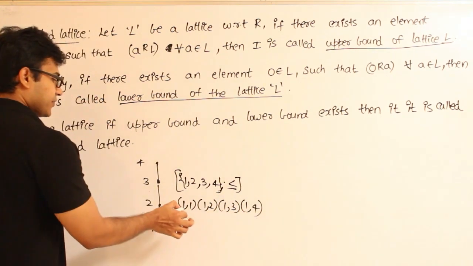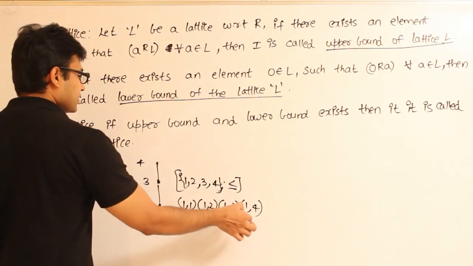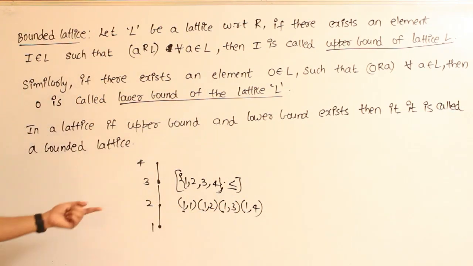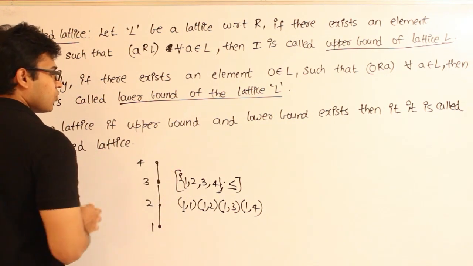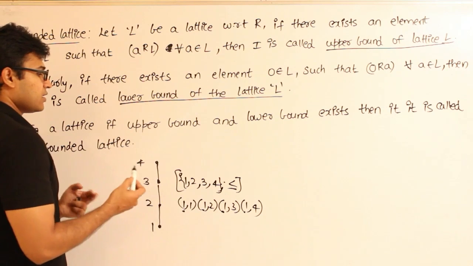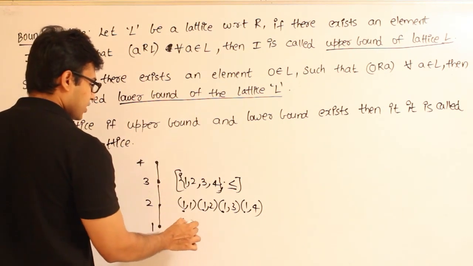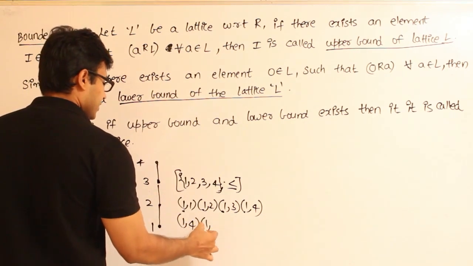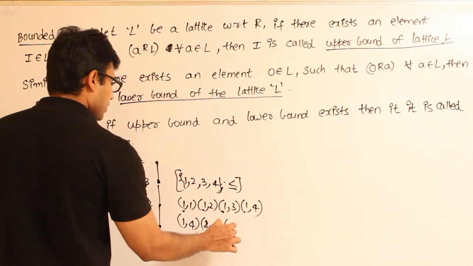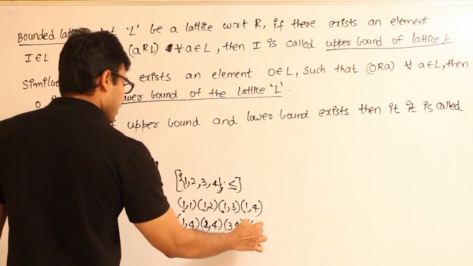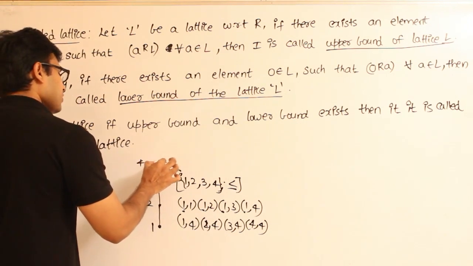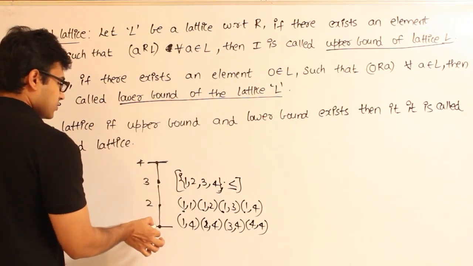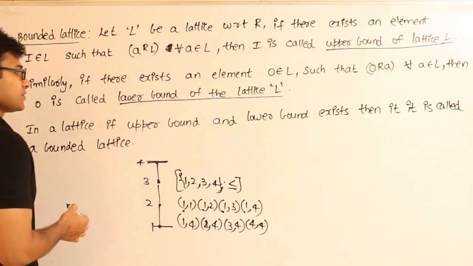In some sense 1 is the least element in this, isn't it? Similarly we have one element, 4, to which every other element is related: 1 comma 4, 2 comma 4, 3 comma 4 and 4 comma 4, which means this is the highest bound. So this is the least bound, the lowest bound, and this is the highest bound.